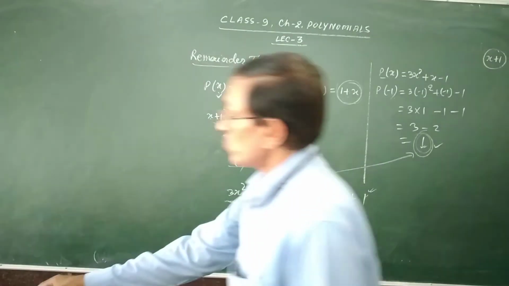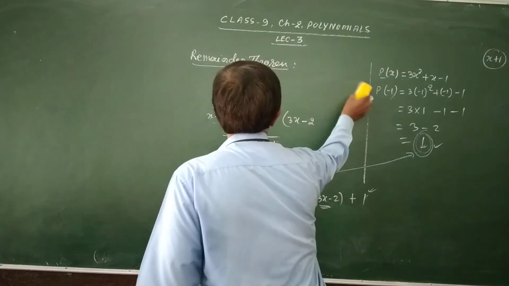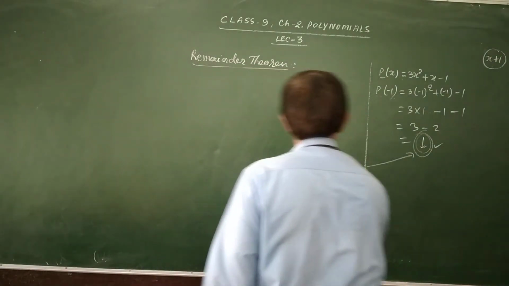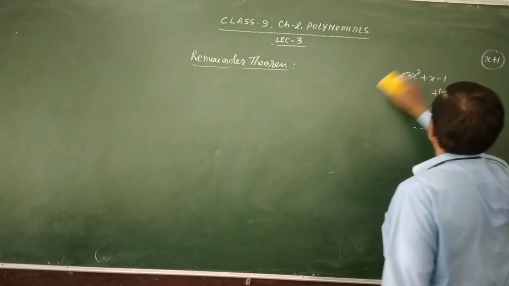So what the remainder theorem tells us, we can see the statement of the remainder theorem like this.